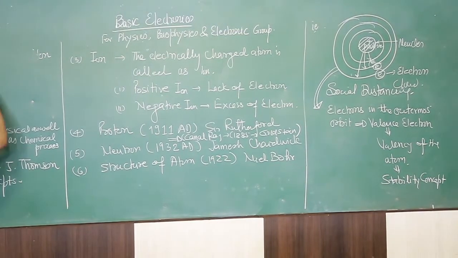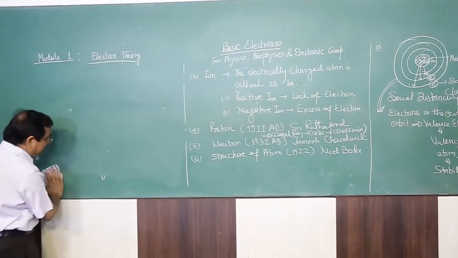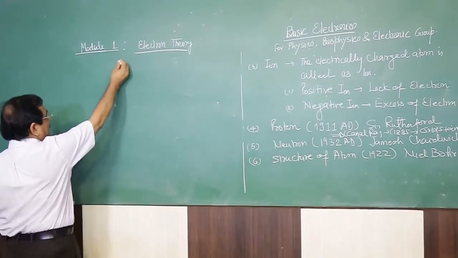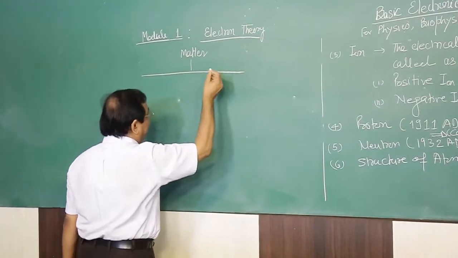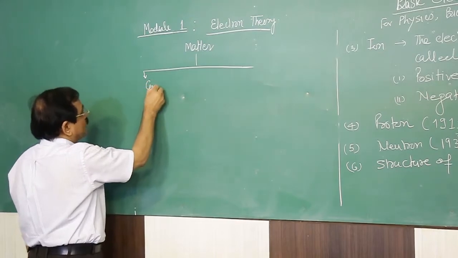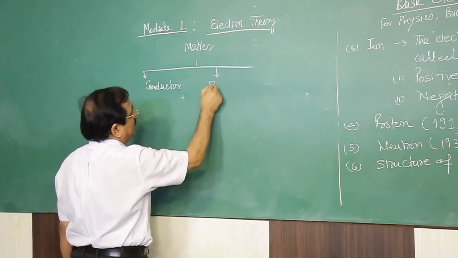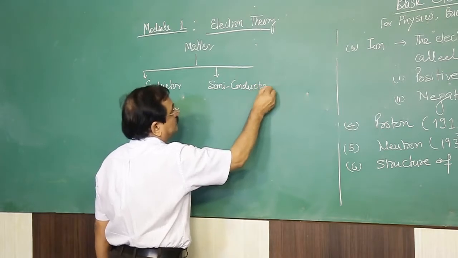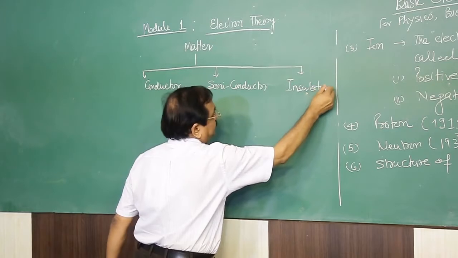On the basis of this valency concept of the electron, we classify matter into three parts: conductor, semiconductor and insulator.